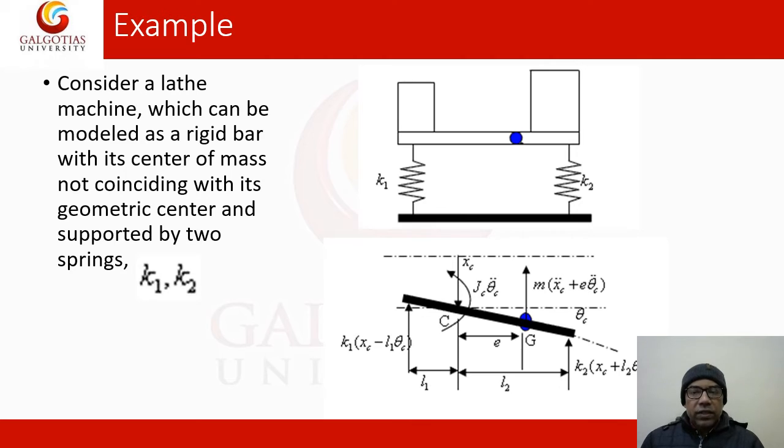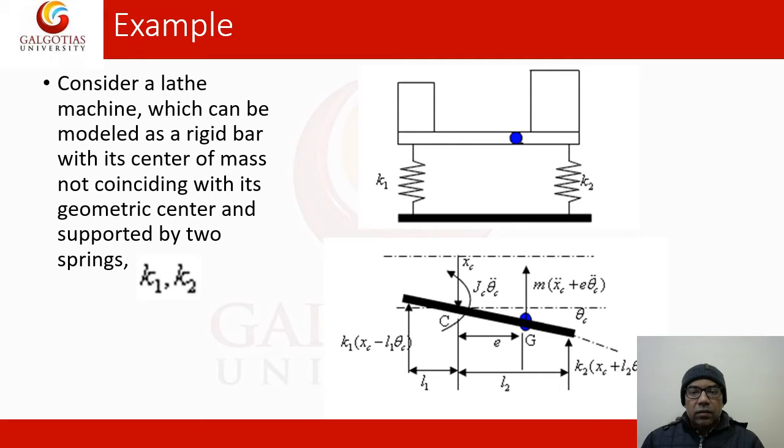Now a few examples we will consider over here. Consider a lathe machine which can be modeled as a rigid bar with a center of mass not coinciding with its geometric center, supported by two springs K1 and K2. So this is the lathe machine, and this is the center of mass, with K1 and K2 there.